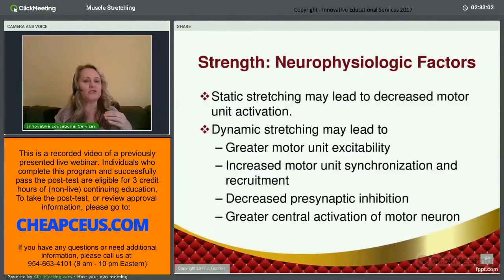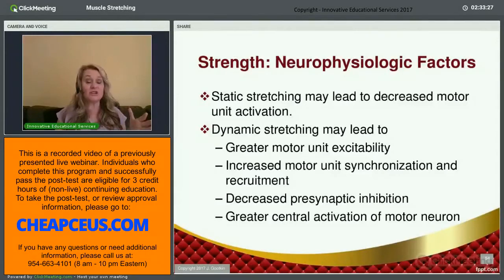So when we try to voluntarily activate our motor units after stretching, when we performed just that static stretching, they had decreased axon potential formation, that they were not synchronized contractions, so that limited the power that the muscle was able to generate. So this becomes a dilemma, right?